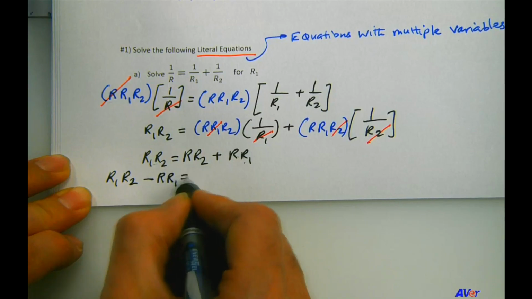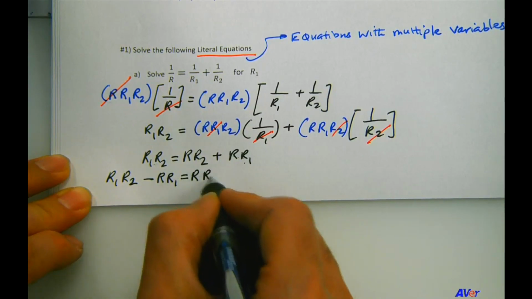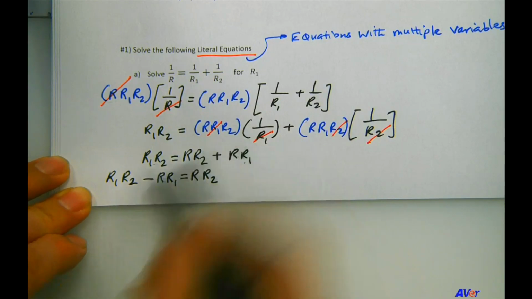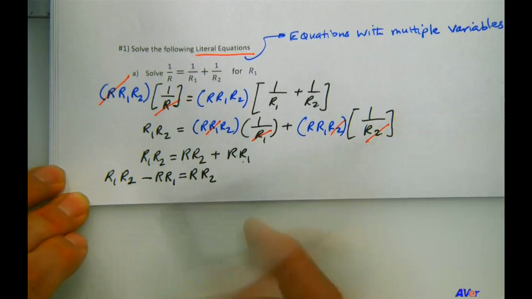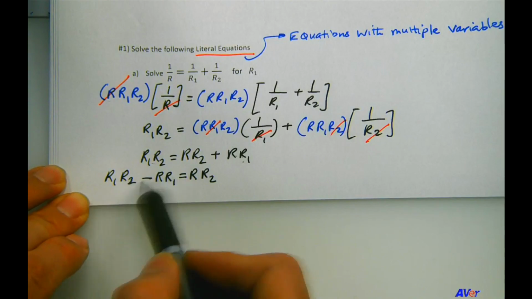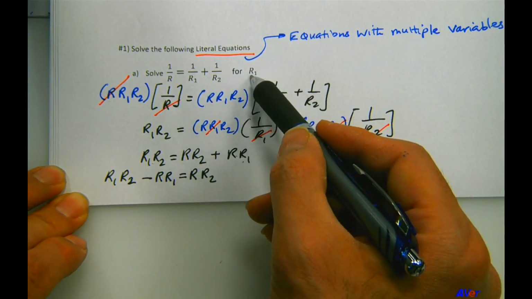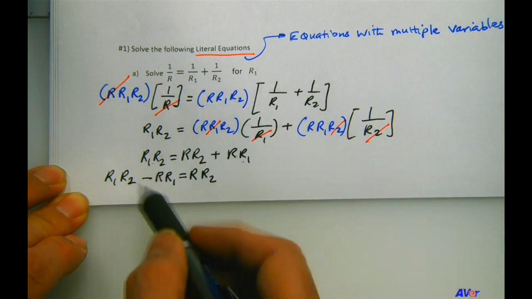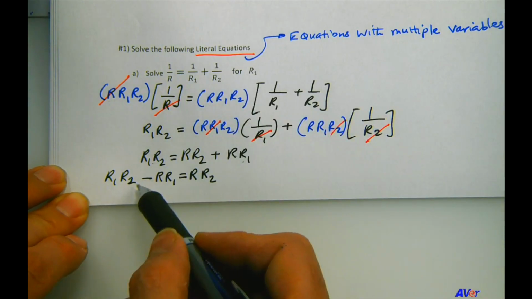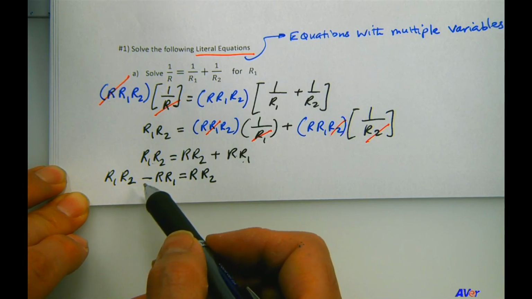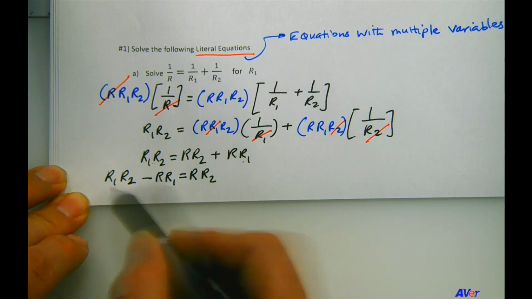r1 equals r r2. Now take a look at this equation. We have brought both terms that have r1 in them, which is the variable we're solving for, to one side. Now we need to isolate r1 even more. How are we going to do that? Well, we need to factor r1.